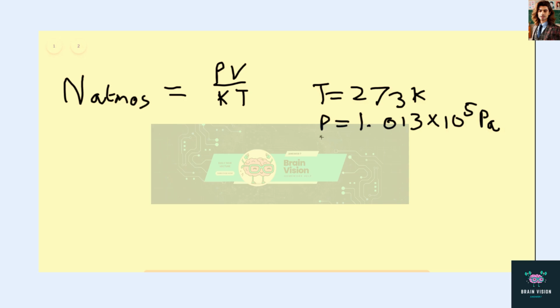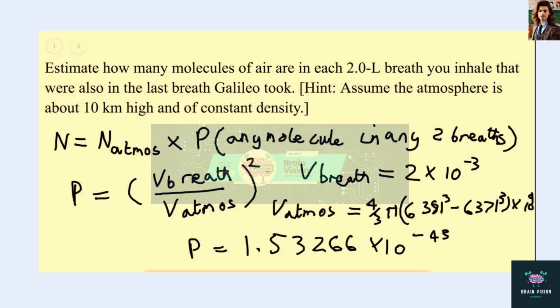k is the Boltzmann constant, so k is equal to 1.38 times 10 to the minus 23 joules per Kelvin. And we have our volume given by this number here.